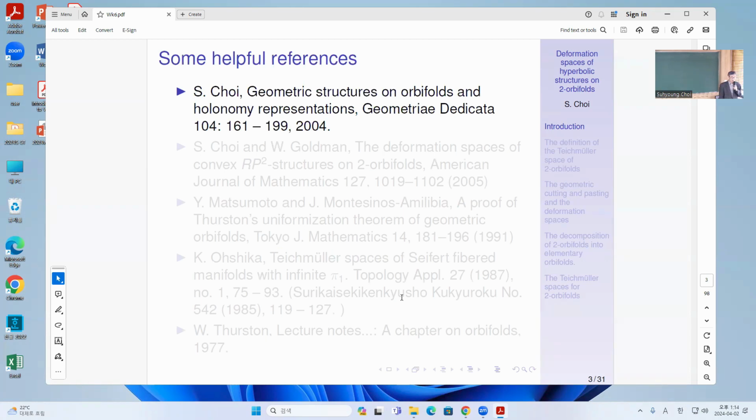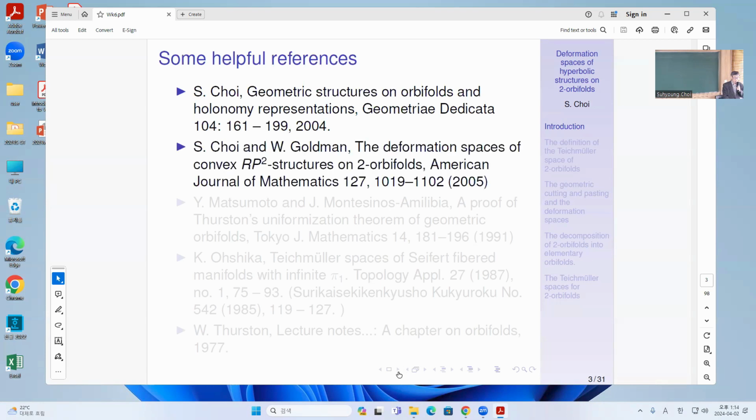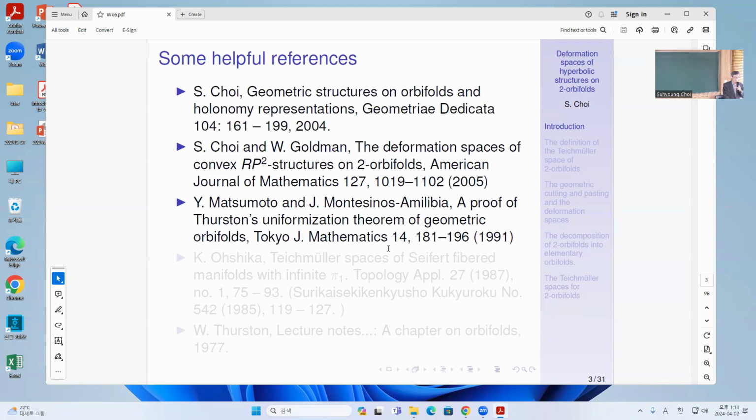So we will just go over some references. So these are the references, and this is work we did for the RP2 structures. Okay. Then this is Matsumoto and Montesinos and Mibilla. So they did some kind of uniformization.